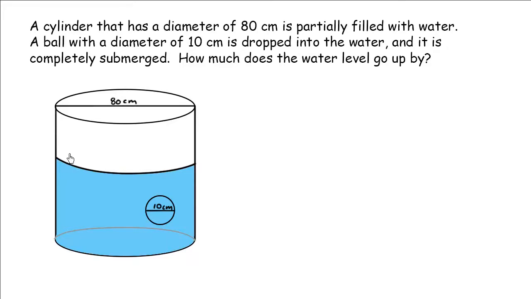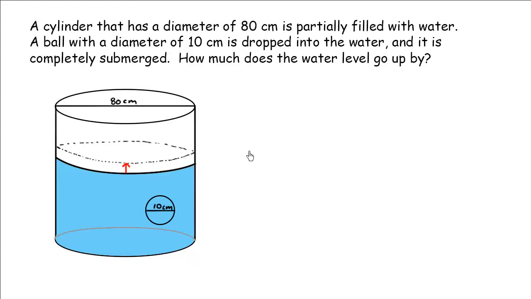So the key idea here is that this water level will rise as much as the volume of the ball is. The bigger the volume of the ball is, the more it will rise. What we have here is an imaginary cylinder, and it will rise by a little bit.